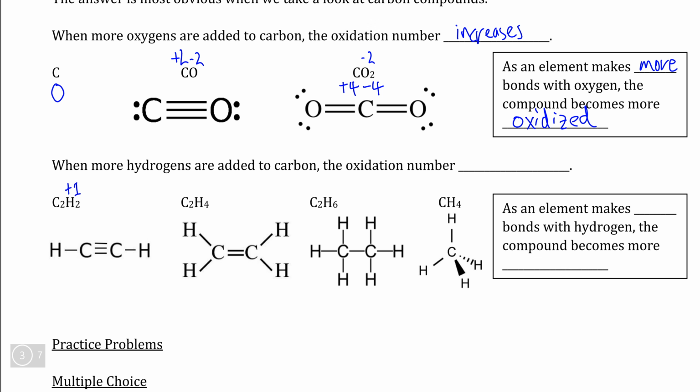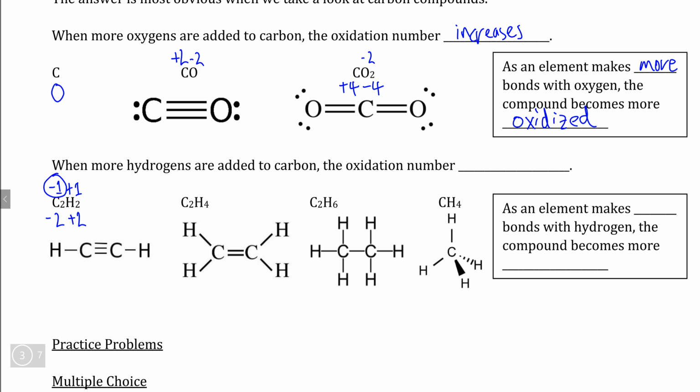Hydrogen's oxidation number is +1. +1 times 2 is +2, meaning that in ethyne, which is carbon with a triple bond with 2 hydrogens, the total oxidation number of carbon is going to be -2. -2 divided by 2, because there are 2 carbons, is -1. So that gives us a baseline here.